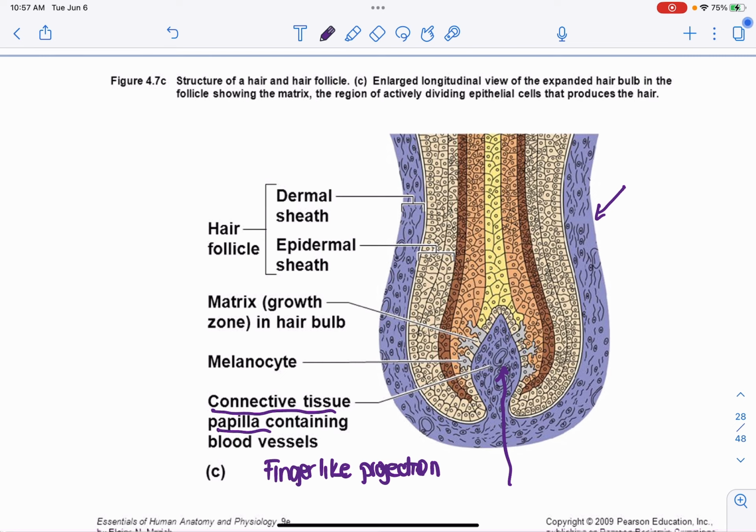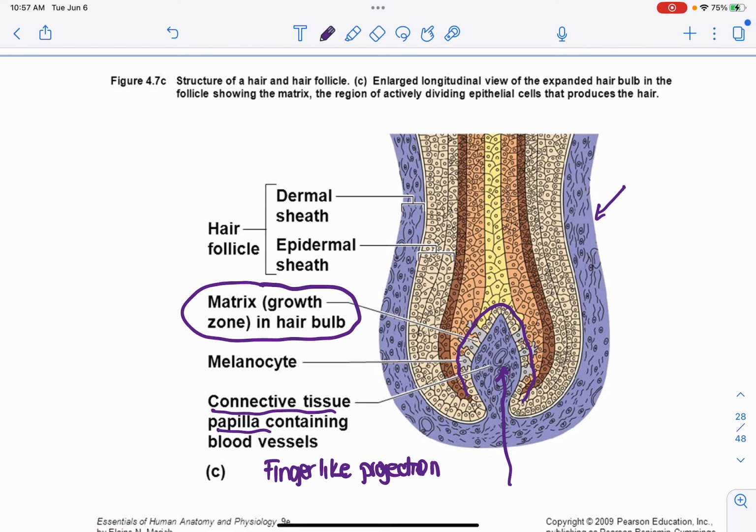And as we know, in areolar connective tissue, there are blood vessels. The reason why you get this projection of the connective tissue is because the area that is closest to that papilla is the matrix.